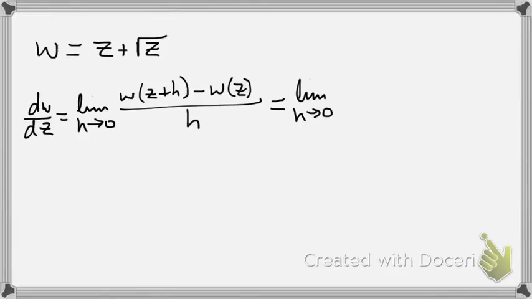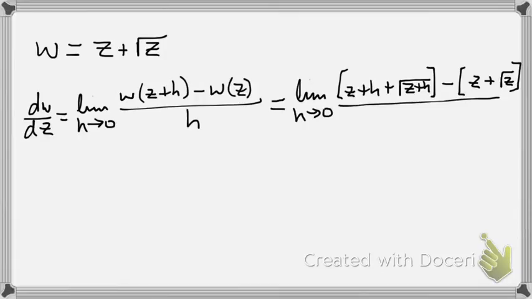That's going to be z plus h plus the square root of z plus h, minus (z plus the square root of z), all over h. Do you guys agree?